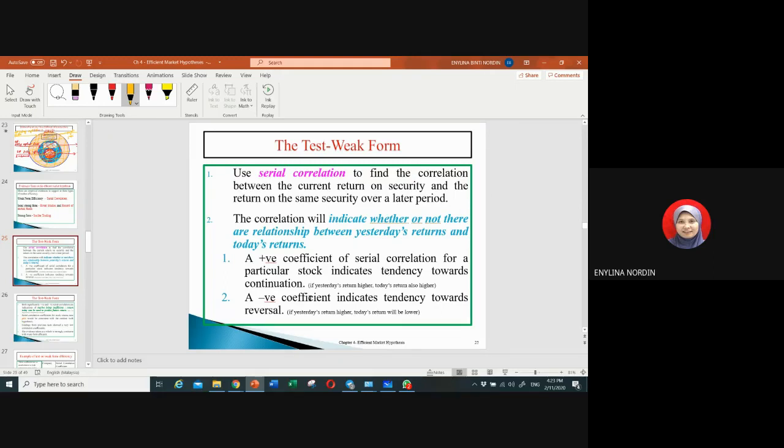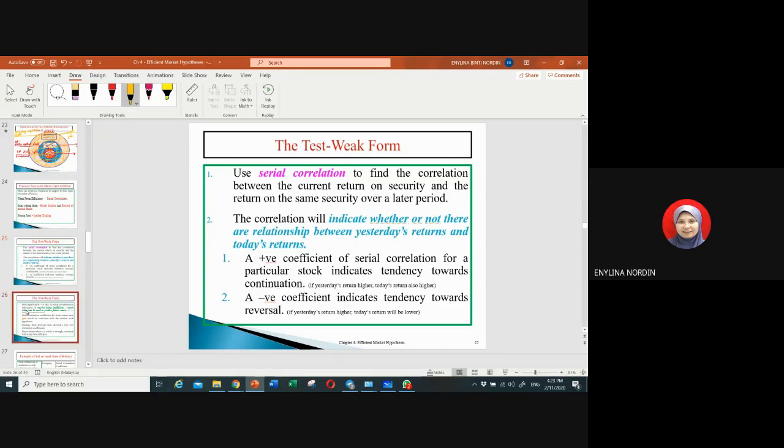But we must bear in mind that if the market is efficient, the stock price should follow a random walk, which means the stock price is actually unpredictable. If the serial correlation is a positive or negative value, that means the market is not efficient.